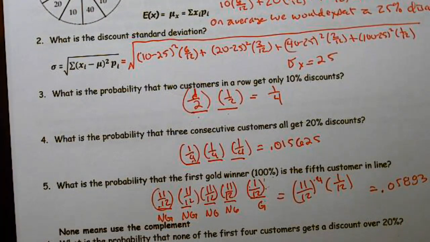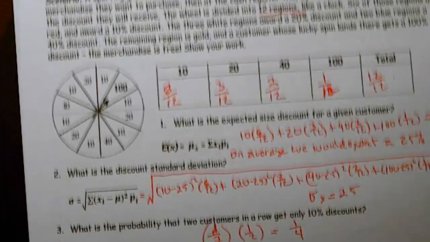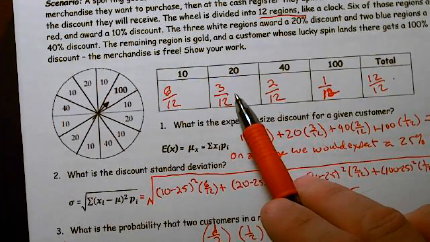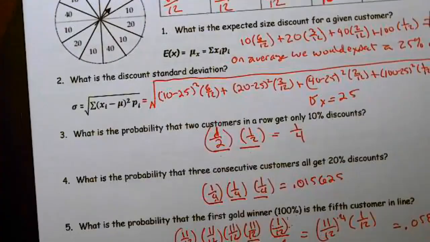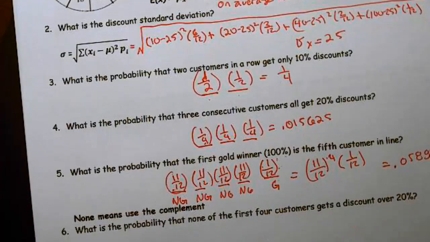All right. What's the probability that none of the first 4 customers gets a discount over 20%? Well, first off, none, that would mean, and then we have 4 customers, so let's go ahead and make our 4 blanks.